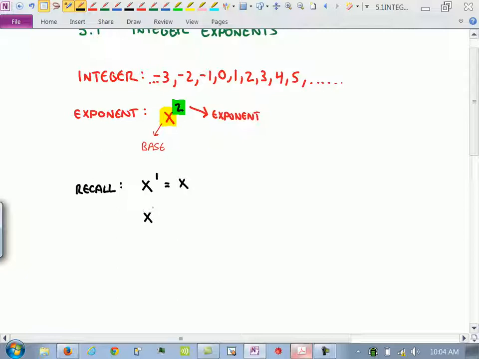What did x to the second power mean? x times x, right? x to the third power, x times x times x. x to the fourth power, x times x times x times x. So all the exponent told us, when we look at it this way, is how many of these x's we need to multiply together, right?